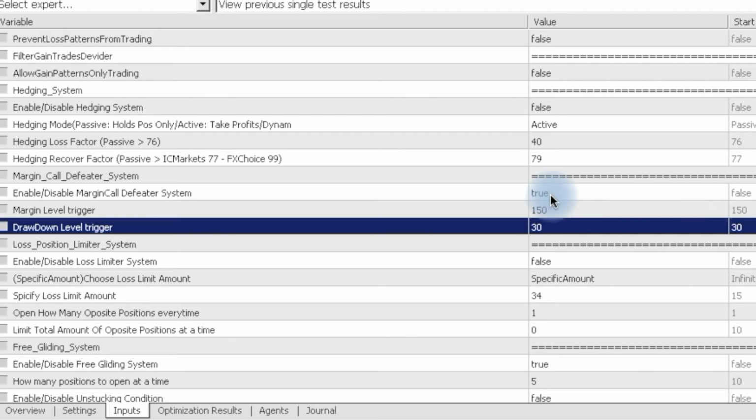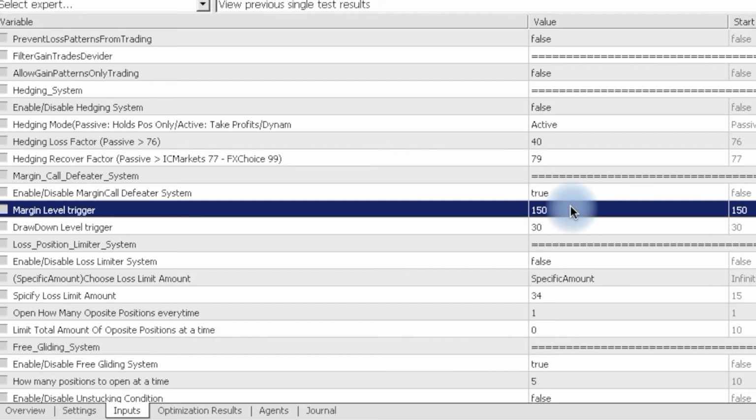So I'll open a sell if I had a buy, or a buy if I had a sell and losing. Now this system will automatically recover once this margin call level goes up. So if my position recovers, then it will close the opposite position, the counter position that I opened, and it will continue with the original position as normal.